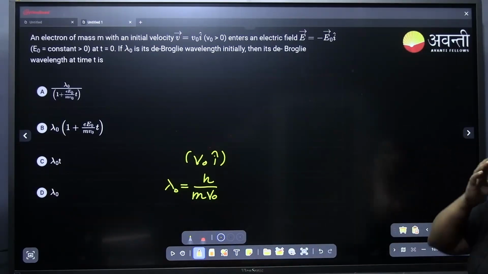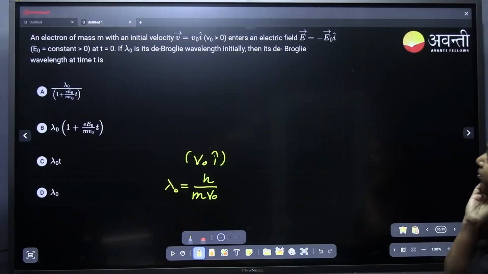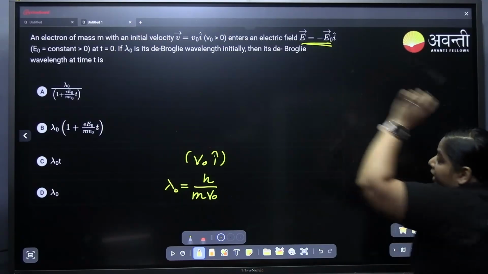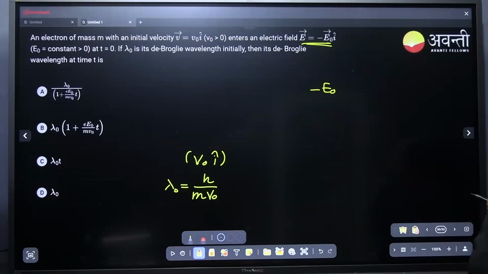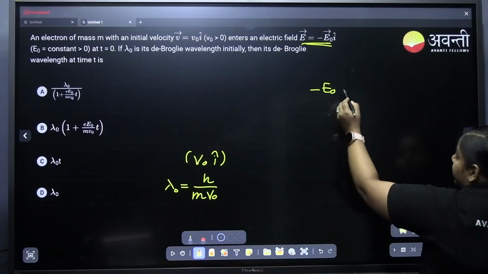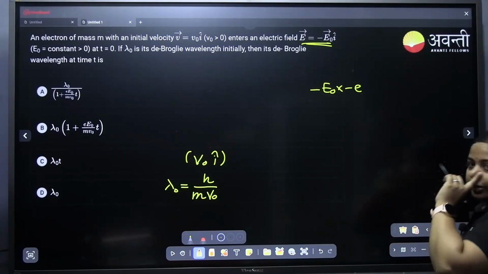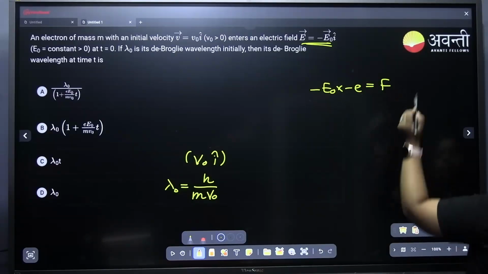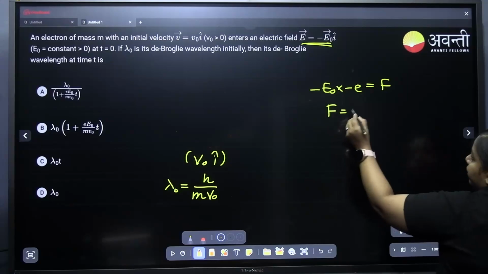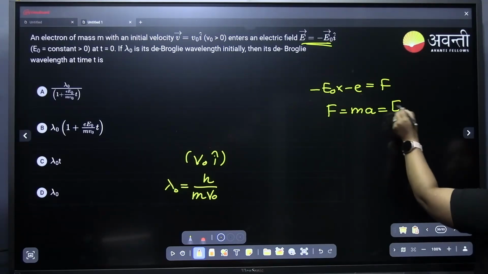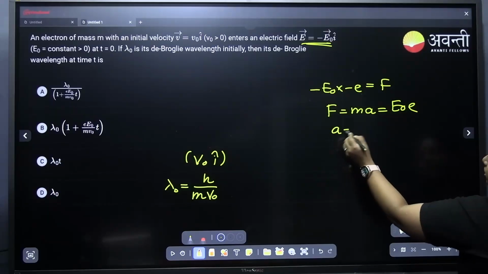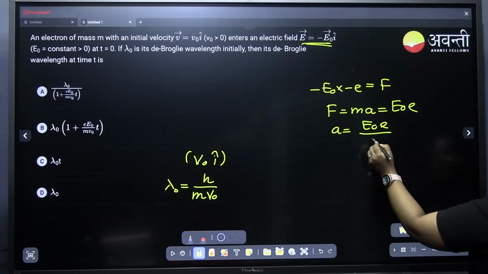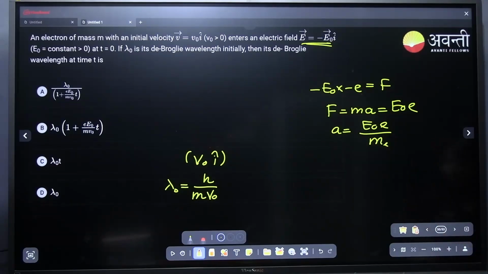Next we have to find the wavelength after time t, once it has entered the electric field. If minus E naught is the electric field, then the force acting on the electron will be minus E naught into minus e. So F equals ma equals E naught e, in the plus i cap direction, and the acceleration will be E naught e divided by m, the mass of the electron.